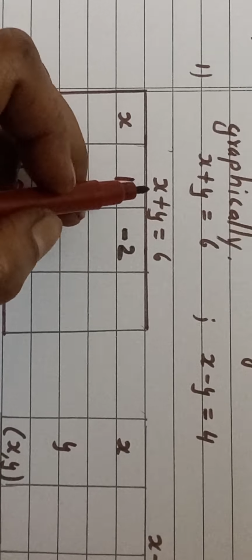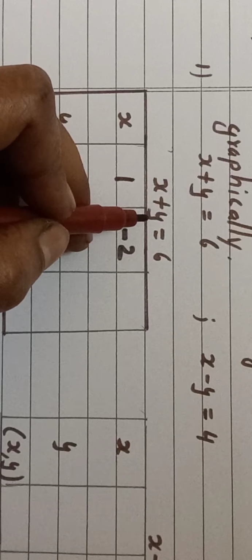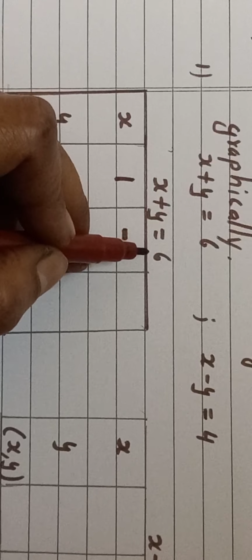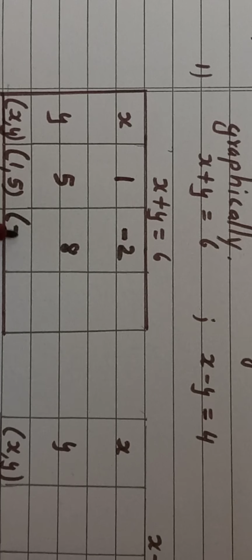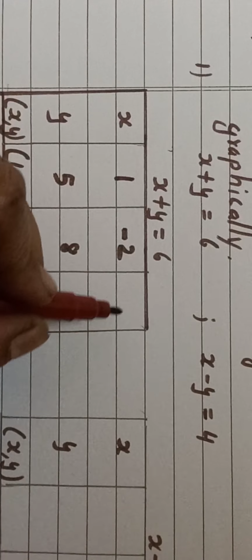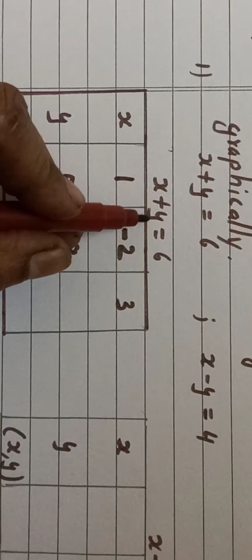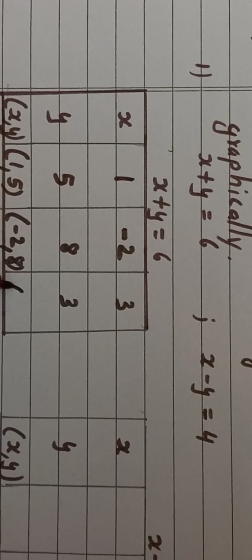Right? So if I take x as minus 2, y will be 8. You will get minus 2 comma 8. Then suppose if I take x as 3, then y will be 3.